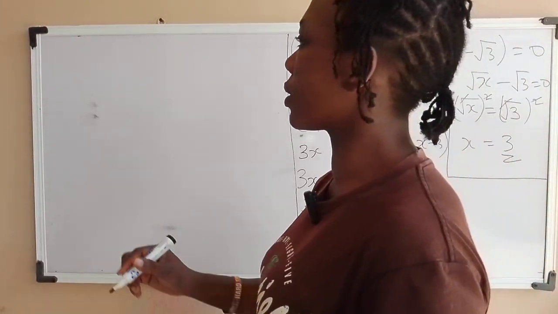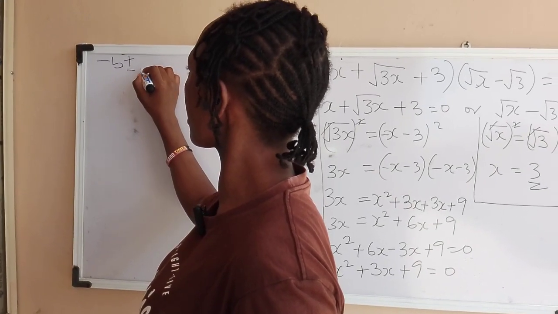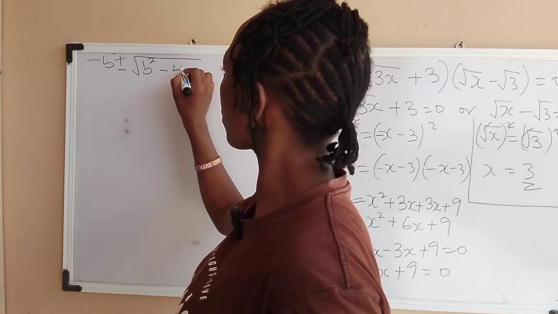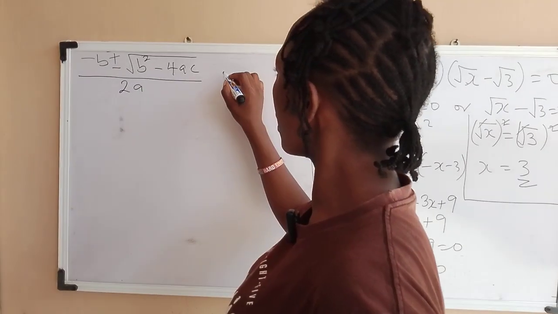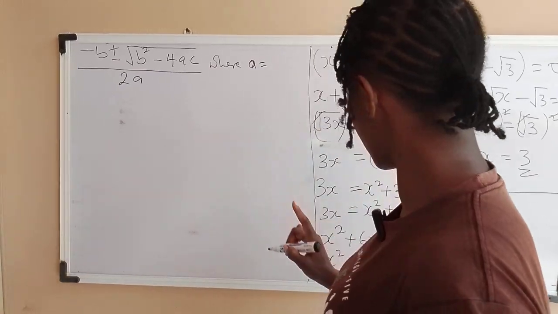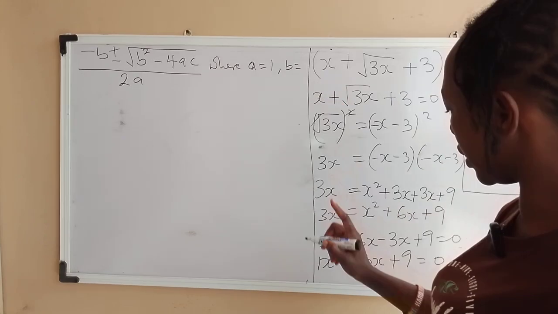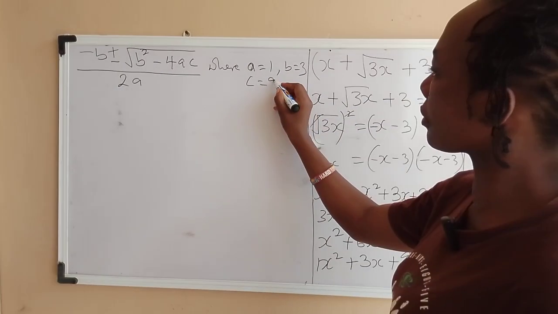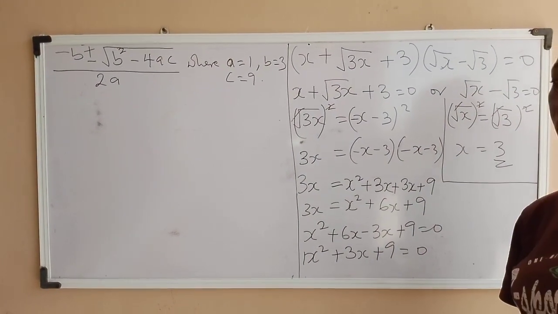So using our almighty formula, which is minus b plus or minus square root of b squared minus 4ac all over 2a, where a is 1, b is 3, and c is 9. So we're going to substitute all of these values in this formula so we can actually solve it.